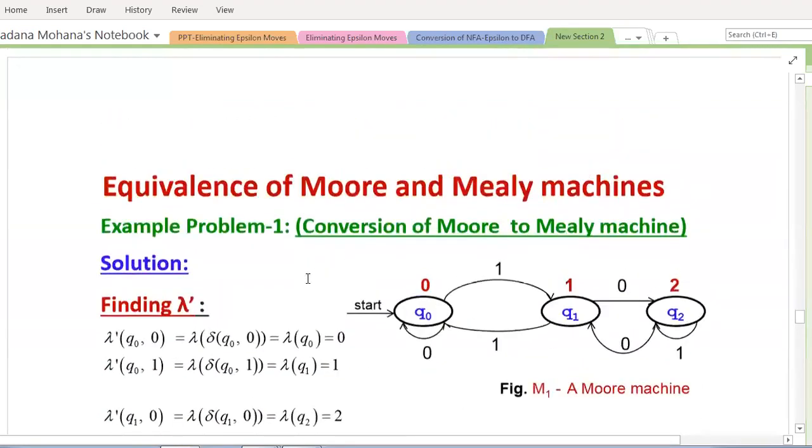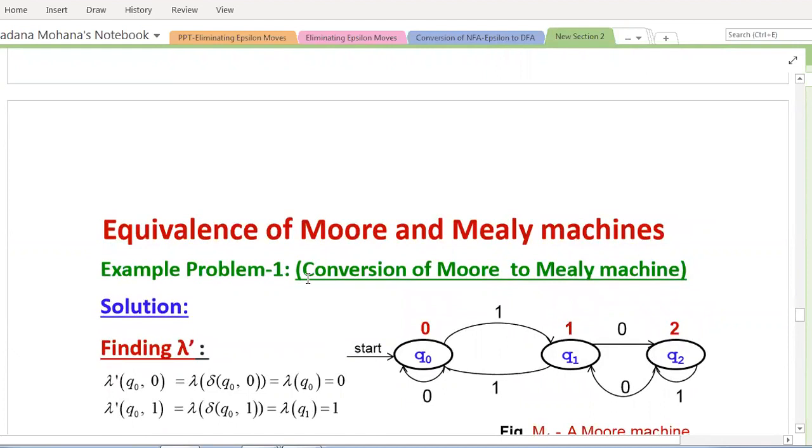Now we will see one by one here. First we will start with initial state by using the λ' rule. First for the state Q0, we have the first input 0, the second input 1. On both inputs we can find the output functions.